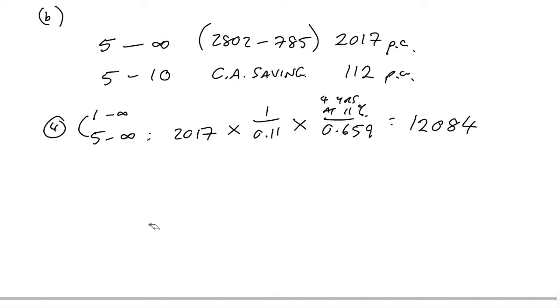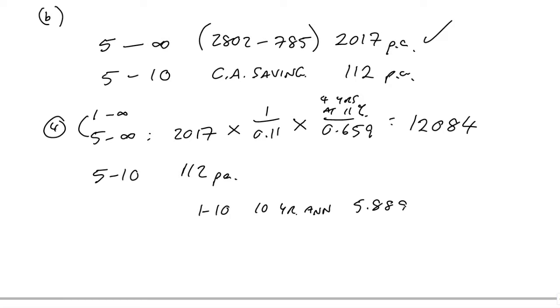However, that's only the first bit of it. We've dealt with that bit. What about the capital allowance saving? It's 5 to 10 of 112 per annum. Well, here there are 2 ways, but here, without doubt, the easiest way is to say, well, if it was 1 to 10, it'd be the 10-year annuity. And the 10-year annuity factor at 11% is 5.889.